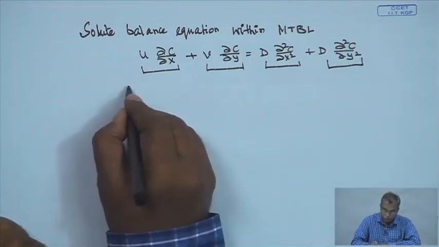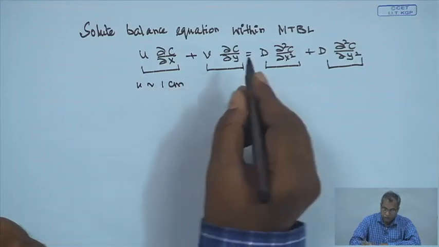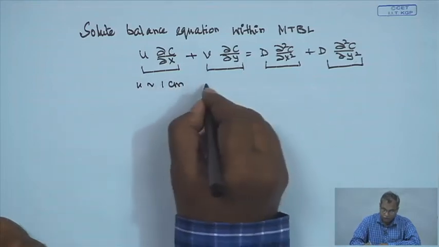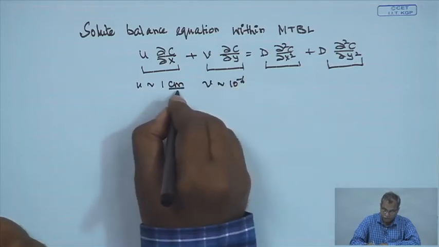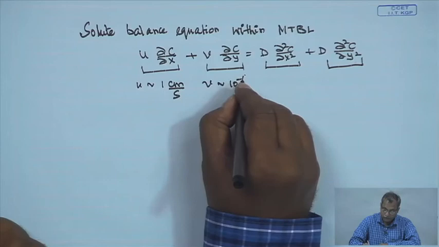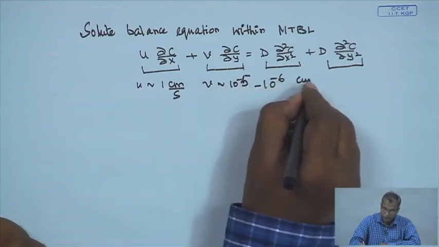But we already know that U is in the order of centimeters and V is in the order of 10 to the power minus 6. U is in the order of 1 centimeter per second, V is in the order of 10 to the power minus 5 to 10 to the power minus 6 centimeter per second.